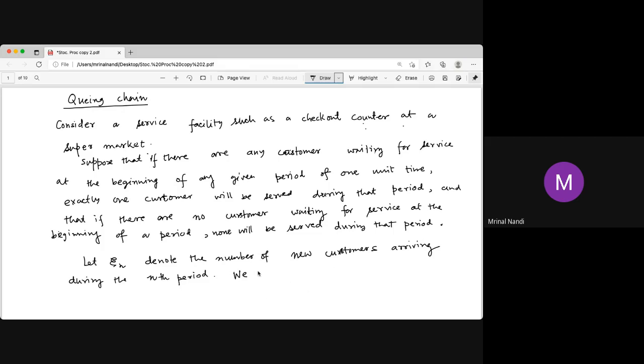One more assumption is that zeta 1, zeta 2, that is xi 1, xi 2, are IID. So the number of customers that came is independent: the customers who came at 9, at 9:03 or 9:04 are independent, and not only independent but IID.